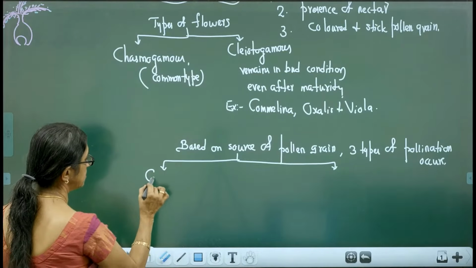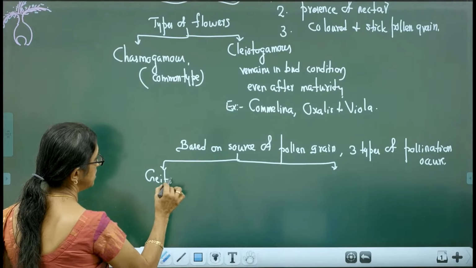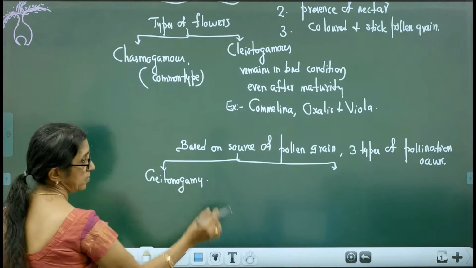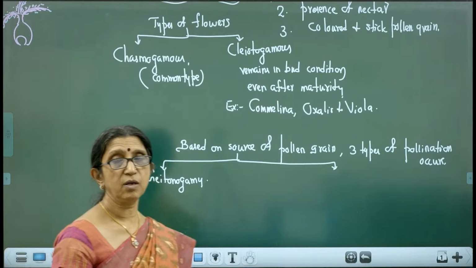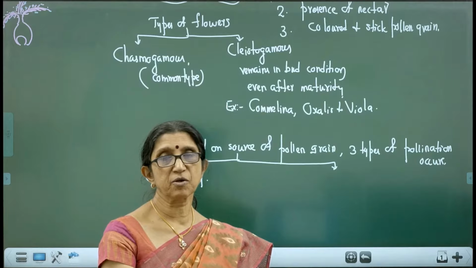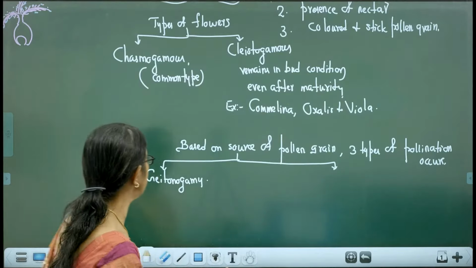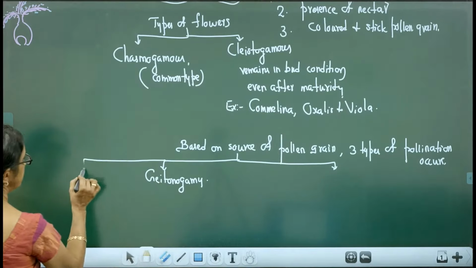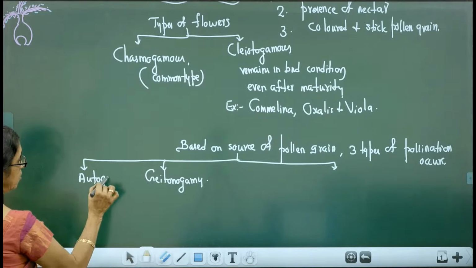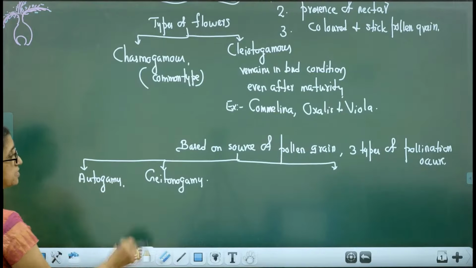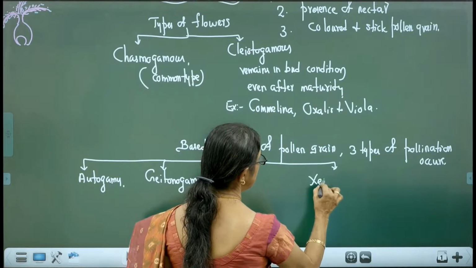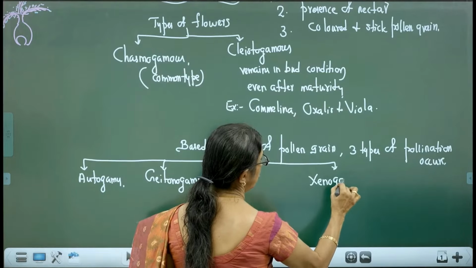The first one is called autogamy. Next geitonogamy, and the third one is called xenogamy or allogamy.